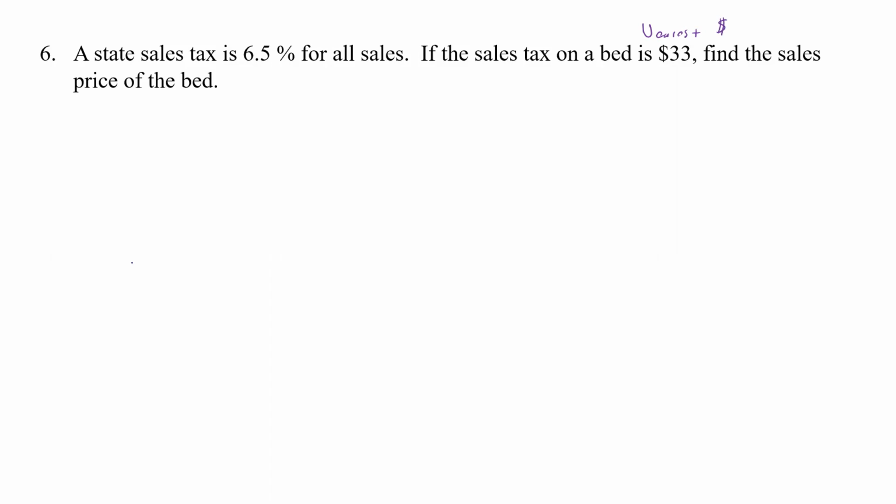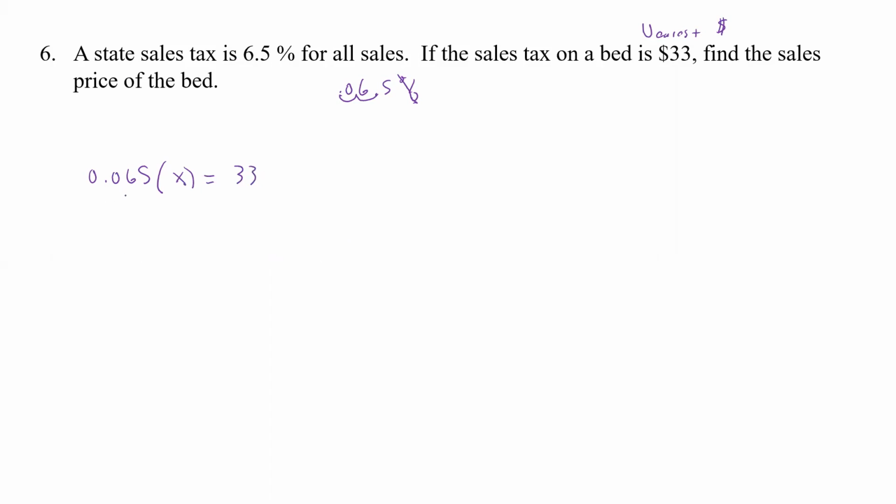All right, so what do we have? Well, 6.5%. Remember, we have to convert that to a decimal, so we move it 2 places, so we get 0.065 times the total price, which we don't know, that's what we're looking for, and that's going to be how much tax you pay, and they paid $33 for tax.